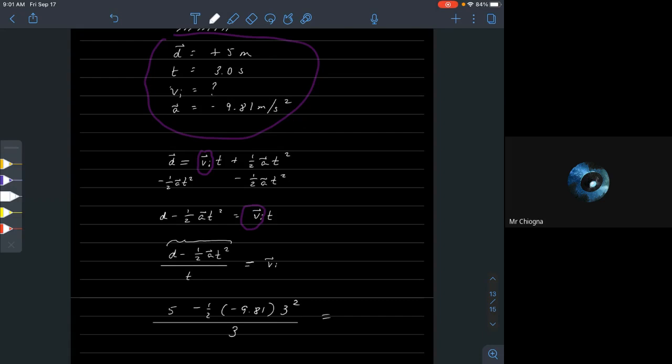Something not making sense. Oh, that's right. Positive. So 9. I'm trying to do it in my head here. 45, 50 divided by 3, about 16. Yeah, 16.4. So I would round. You can keep it either 2 or 3 sig figs. 16 or 16.4.